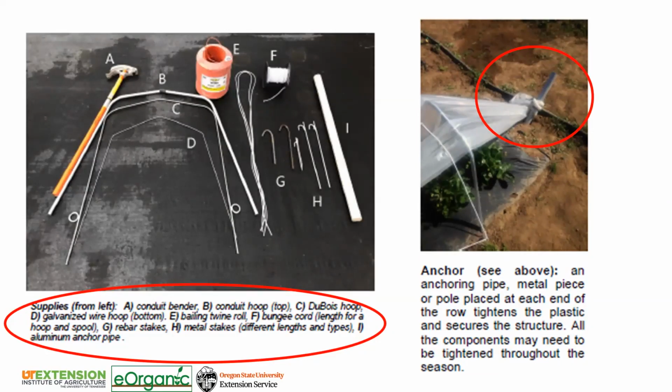Okay, so in this case, if you look at the supplies in G and H, they are all of the different types of stakes that we used, and also the bungee cords and twine that we used to tie all of these low tunnels.